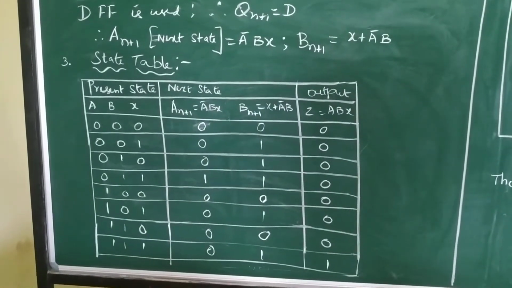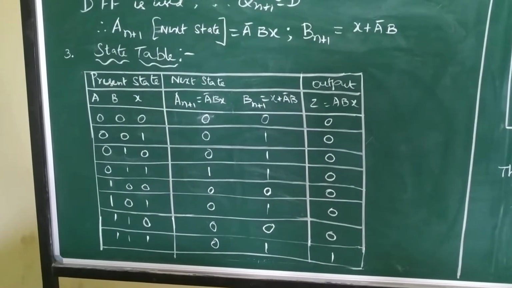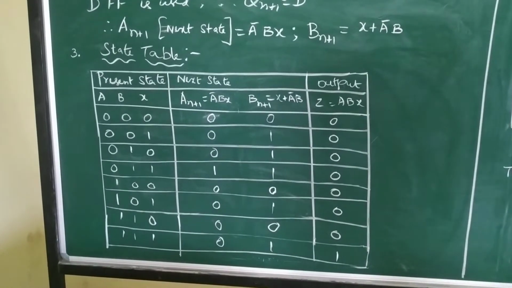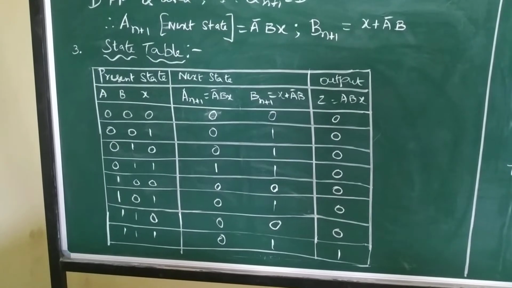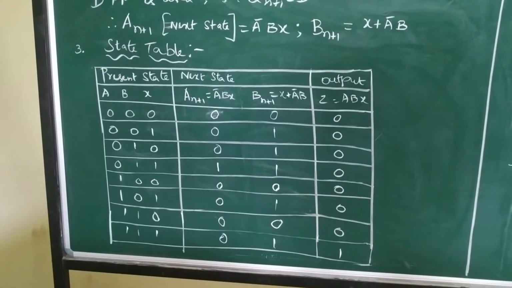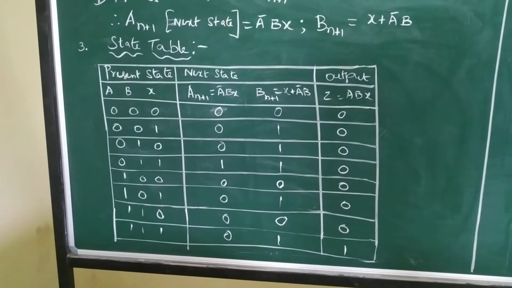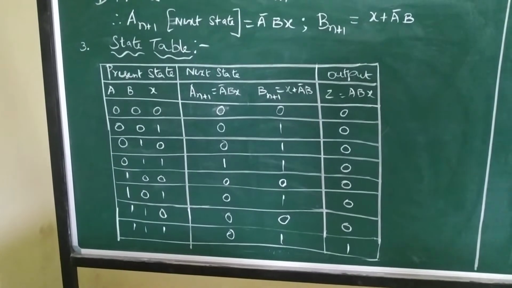In a state table, we know it gives the relationship between the next state with the present state and also the output. So here we know there are three inputs A, B and X. Therefore write the inputs in integral powers of 2. That is 2 power 3 is 8 combinations. So it is 0 to 7, 8 combinations.